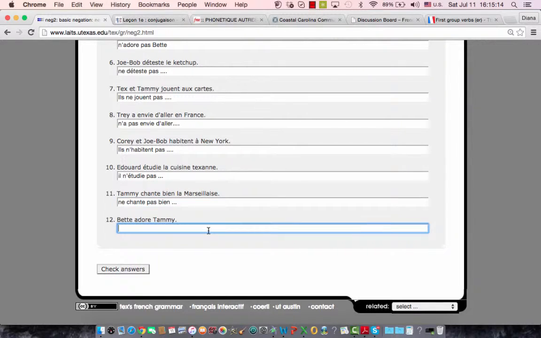Betty adore Tammy. Elle, because we can also replace, the second time around, a proper name by the subject pronoun. Elle n'adore pas Tammy. Voilà.